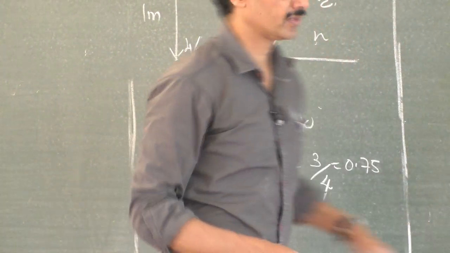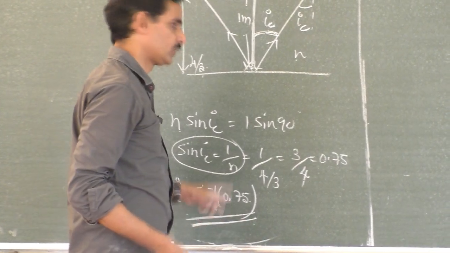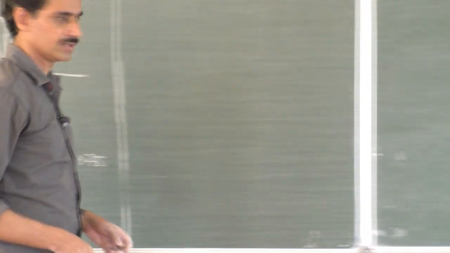Where is sine inverse of 0.75? A number which is very close to this is enough. Sine inverse of 0.75, we will search for it.